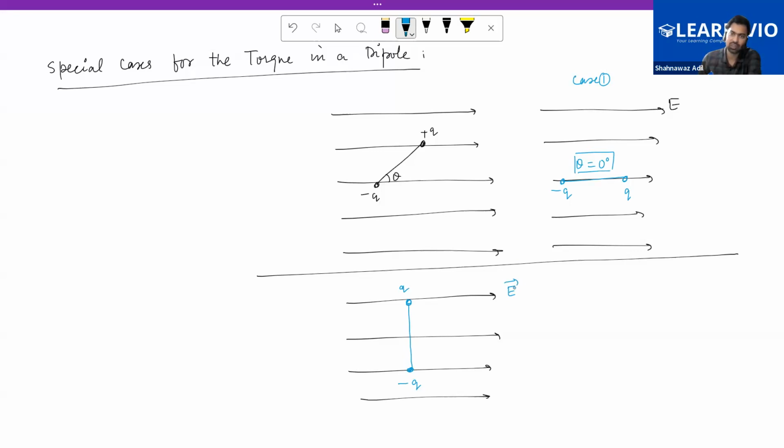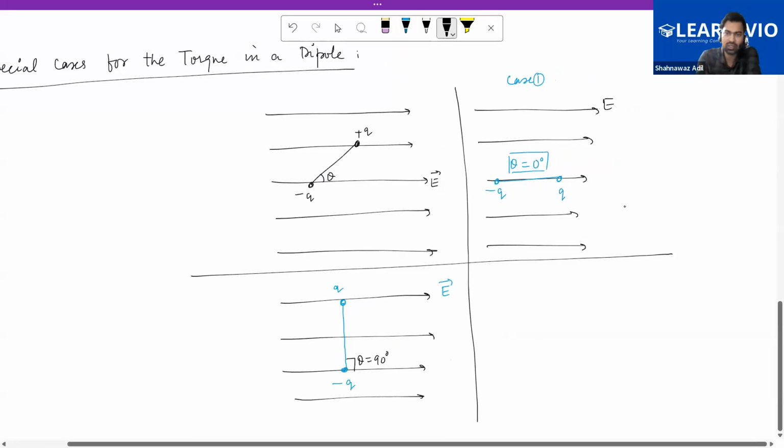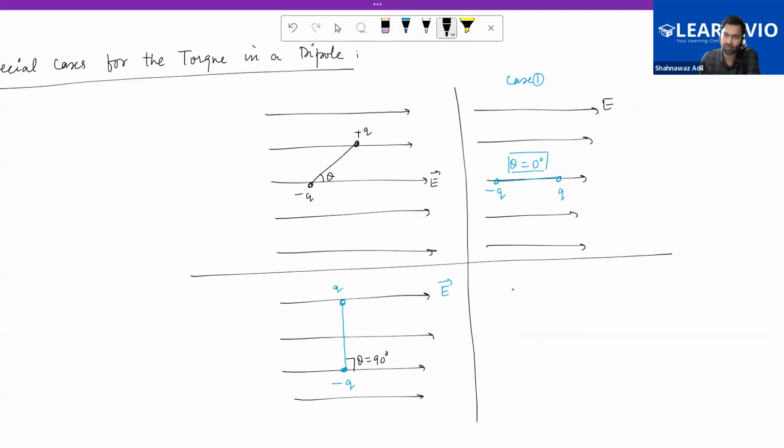Remember, this is your theta. It's 90 degrees. Absolutely correct. So the theta is 90 degrees in this case. Good. Now the last case. We'll talk about all these cases one by one.